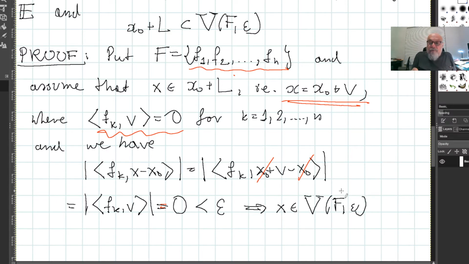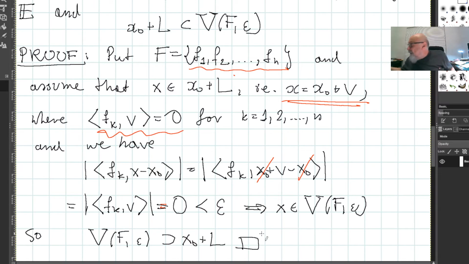And that's, of course, for every such x. So we have that V_{F,epsilon} contains x0 plus L, and we proved this result. This is basically everything. So that's it.